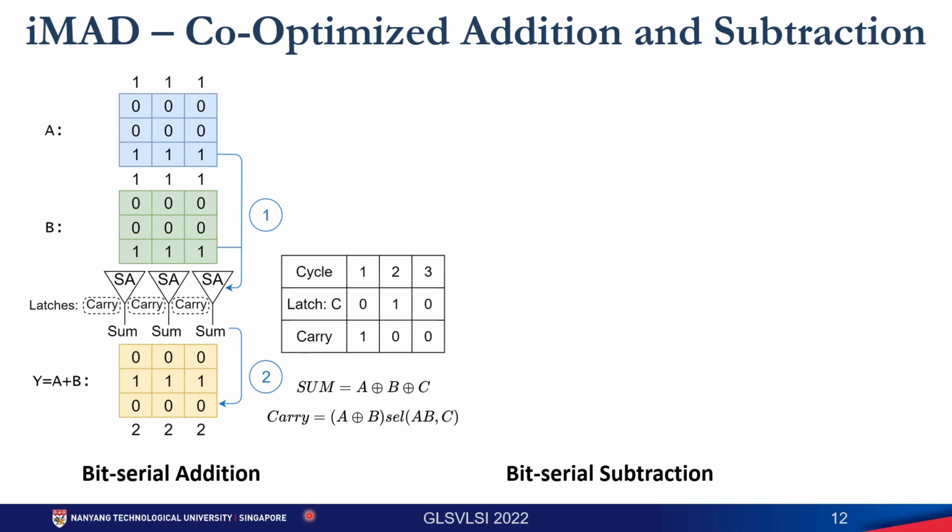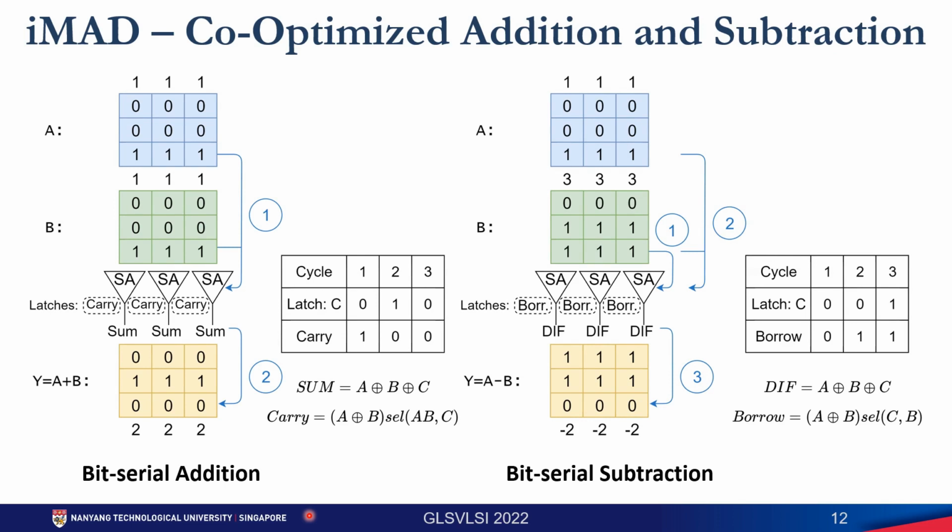We store the sum to the result cells, and the carry to a latch inside the sense amplifier. We repeat this process n times to finish the n-bit addition. The carry latch is initialized at 0. It stores the carry from this cycle and provides it in the next cycle as the carry in.